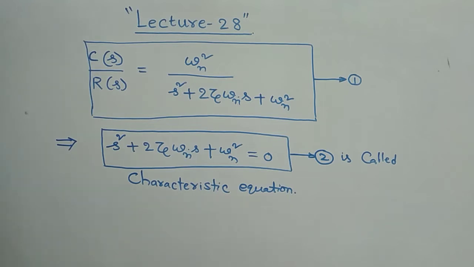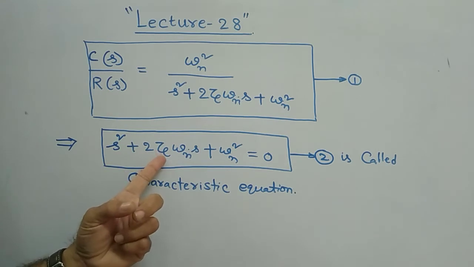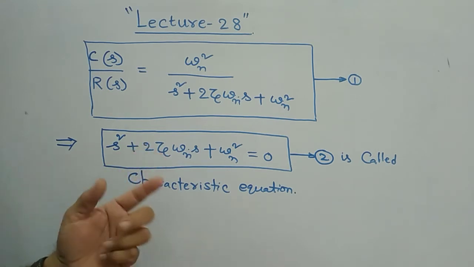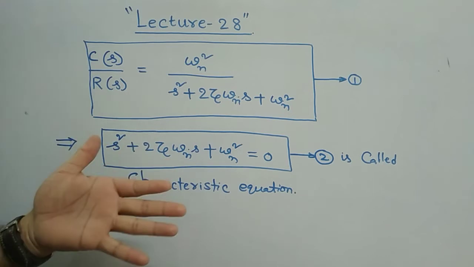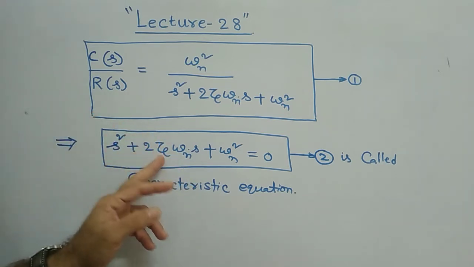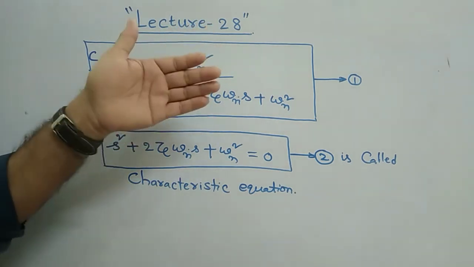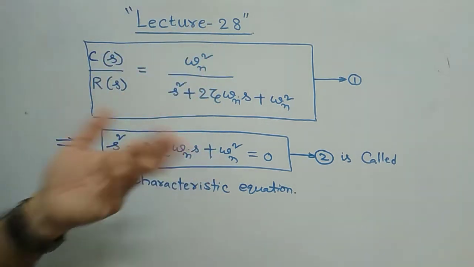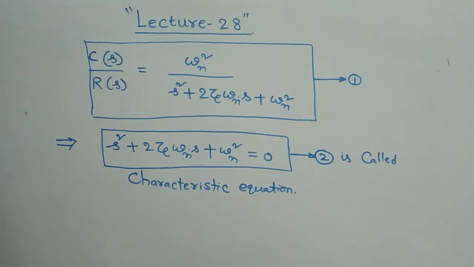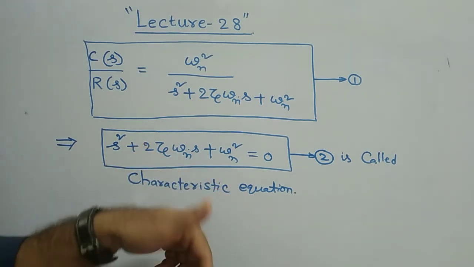And also in the previous presentation we have seen, depending on the value of zeta, what is zeta? Zeta is nothing but the damping ratio, or otherwise damping factor. Depending on the zeta value, the second order system can be classified into 4 variants. If zeta equal to 0, what is the system?